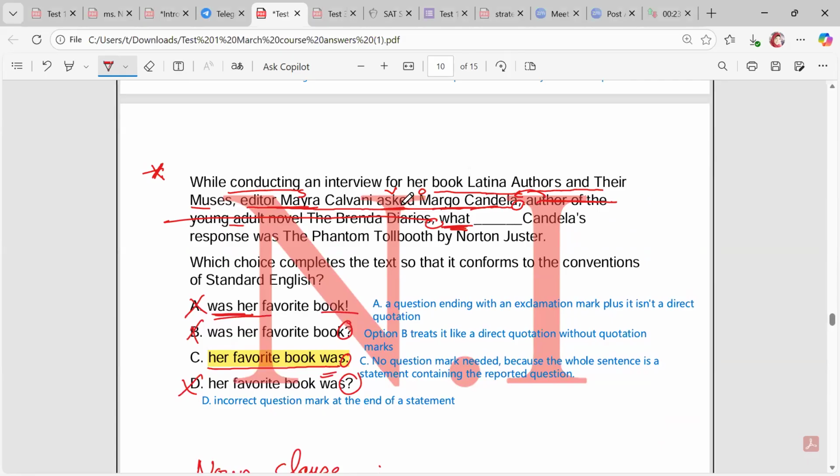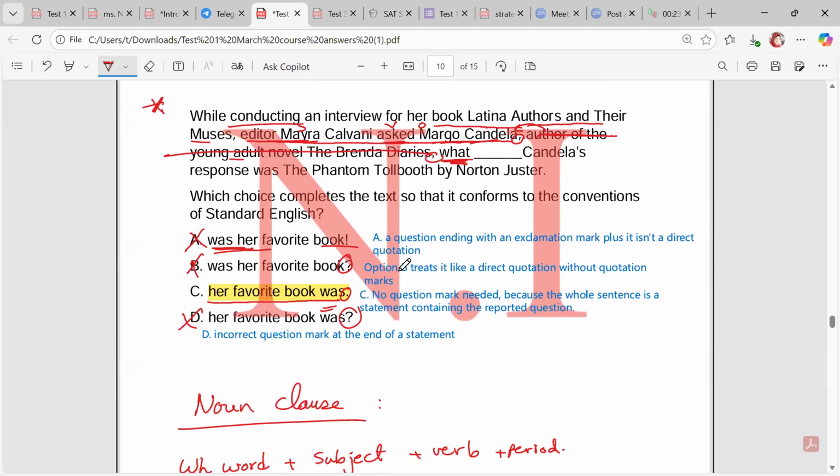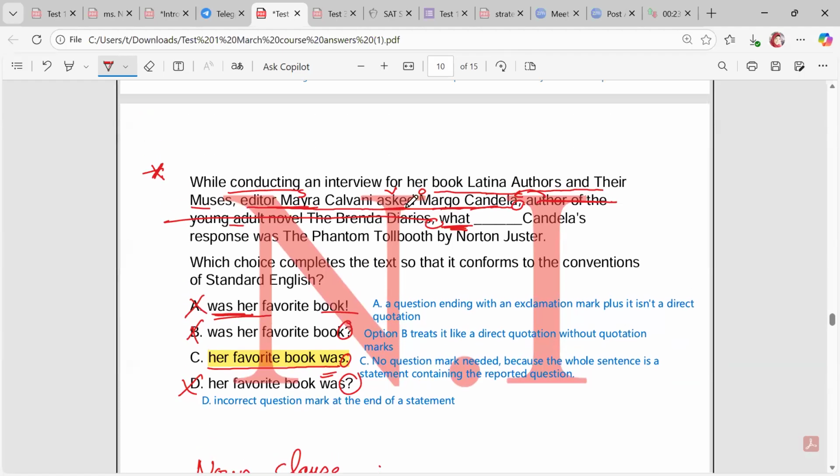I was confusing the first description with the other one, thinking it had a question mark. Look, a question mark means a question, if I started the sentence with that question. But here, what is a part of a sentence and this part is acting as a noun. It's called a noun clause. For example: Maria asked Margot what her favorite book was.